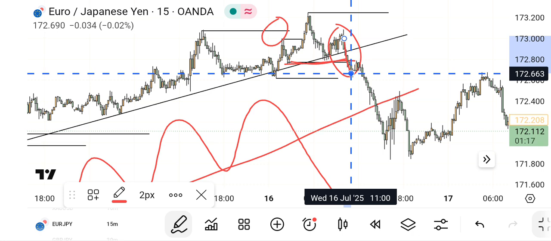It's either a retracement back to the trend line or to a fair value gap zone or to a supply zone.